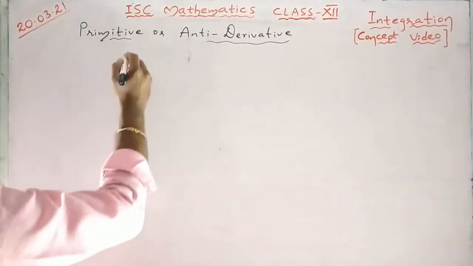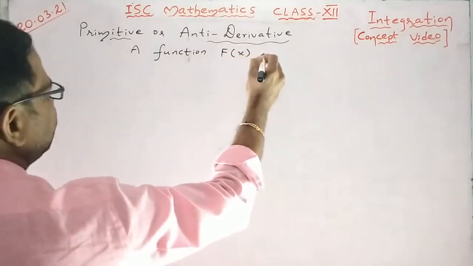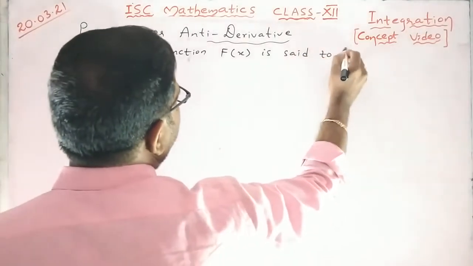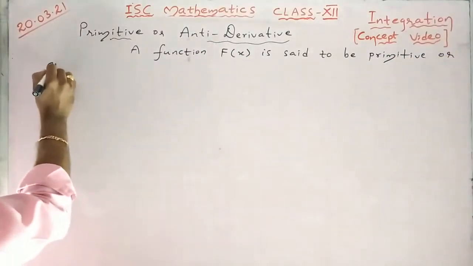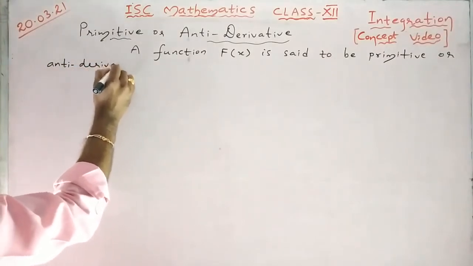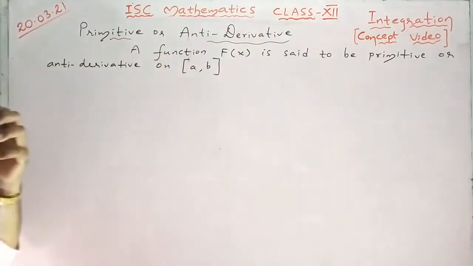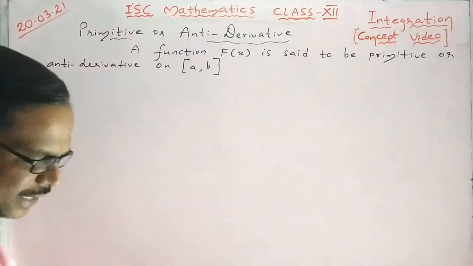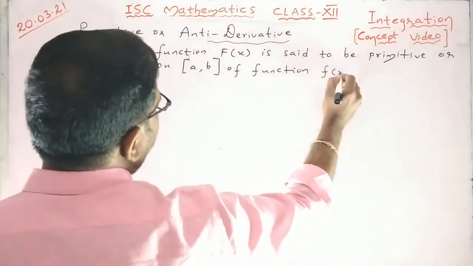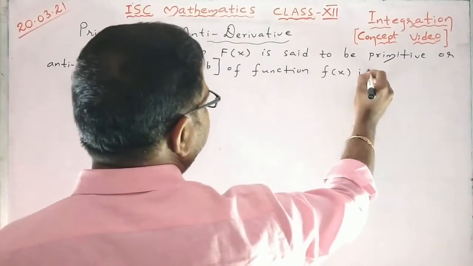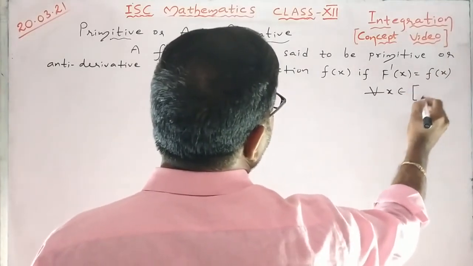A function, definition I am saying, a function capital F of x is said to be primitive or antiderivative on closed interval a comma b of function f of x if F dash x equal to f of x for all x belongs to closed interval a comma b.